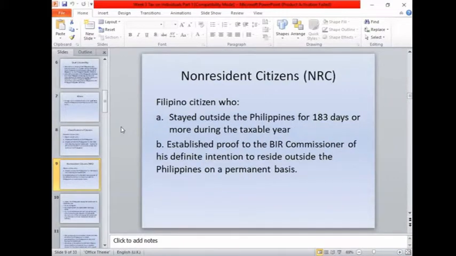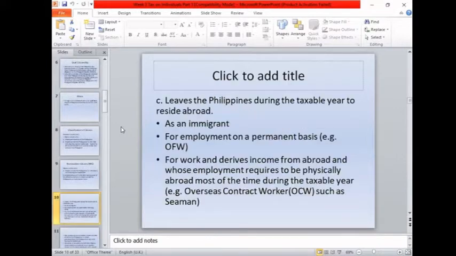Another type of citizen is a non-resident citizen. A non-resident citizen is a Filipino citizen who stays outside the Philippines or goes outside the Philippines for more than 183 days or more than 6 months during the taxable year. What are those reasons why other Filipino citizens are residing abroad or go outside the Philippines?